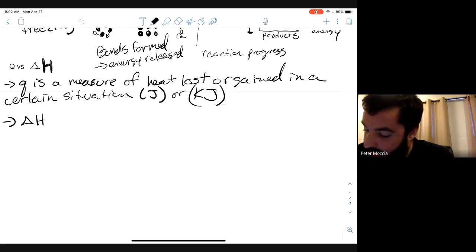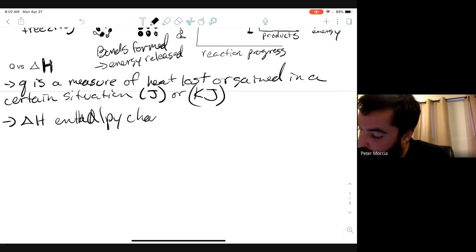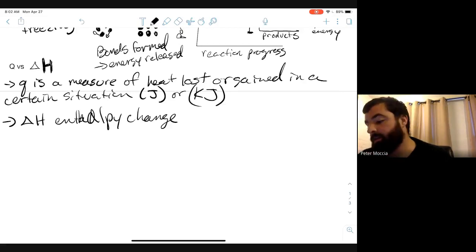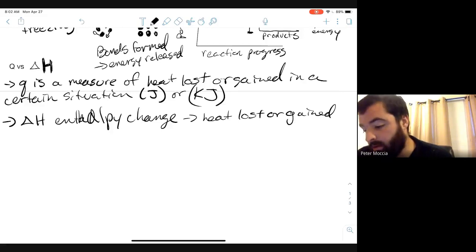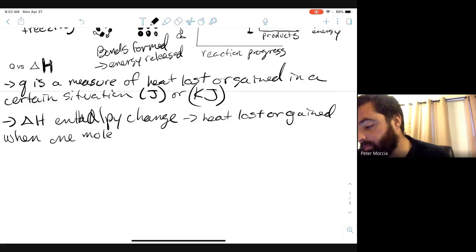And then delta H is the enthalpy change, so what that is, it's the heat lost or gained when 1 mole of a substance reacts.